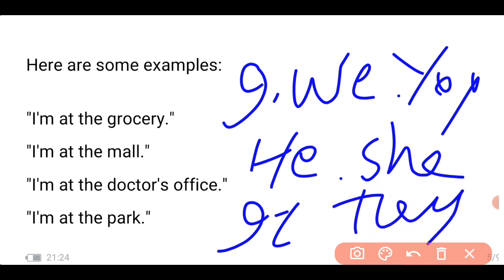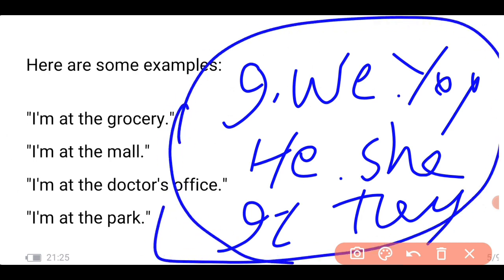These are the pronouns, the subjective case of the pronoun. You can use: I am at the grocery, we are at the grocery, you are at the grocery, he is at the grocery, she is at the grocery, it is at the grocery, they are at the grocery, right? These are seven pronouns. Just apply them over all the sentences, just learn and practice at home, right?